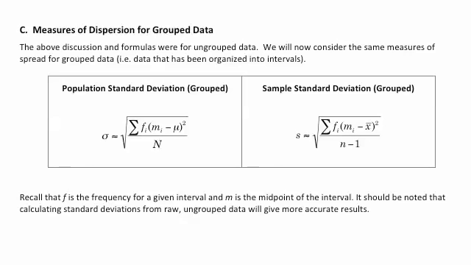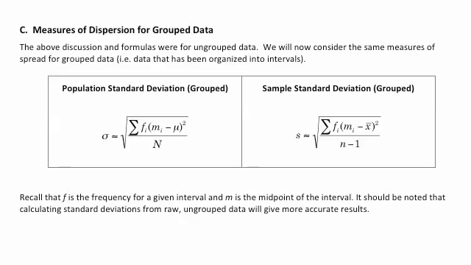So when we move to grouped data, our discussion changes slightly. Because with grouped data, we don't just have raw data points. We have frequencies, we have midpoints, and we still have means. Right? So once we organize things into intervals, we have to do things that are a little bit different. And of course, the standard deviation for the population and the sample both differ in the same way.